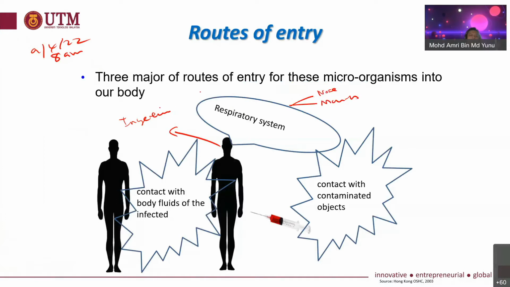Ingestion means that the biological hazard, let's say, is on our food, and then we eat the food. So basically it gets into our system through ingestion. Okay, we eat through our mouth. Respiratory system, breathing process, okay, our mouth or nose, and contact.